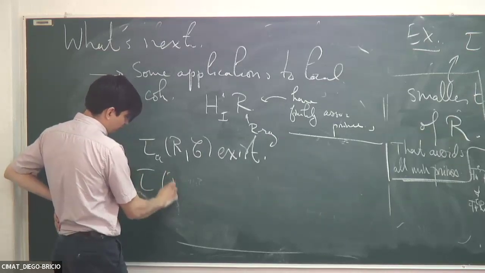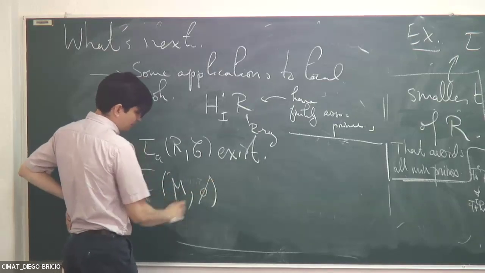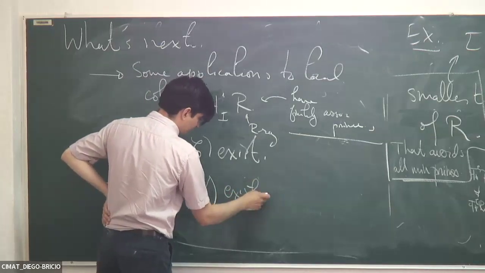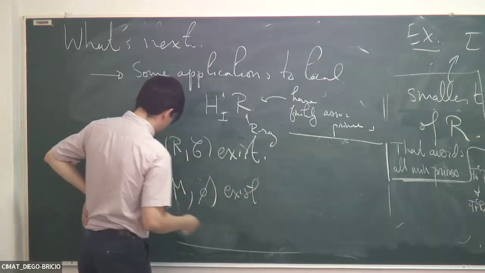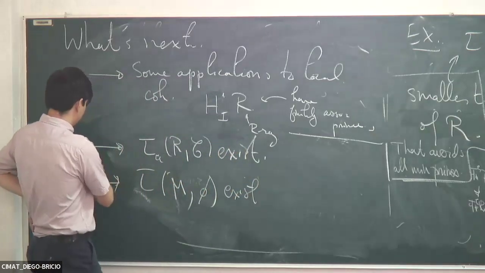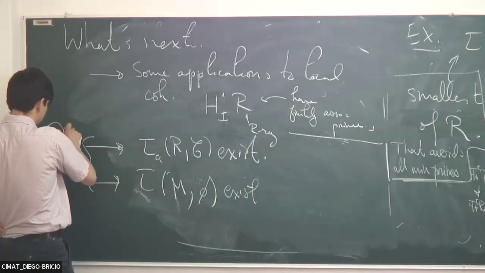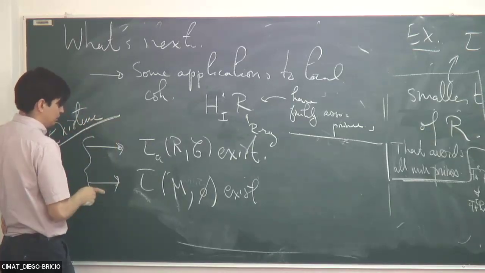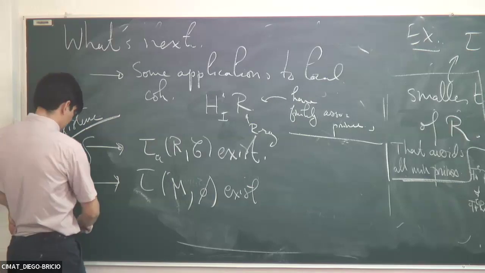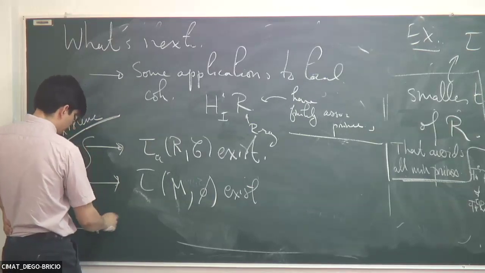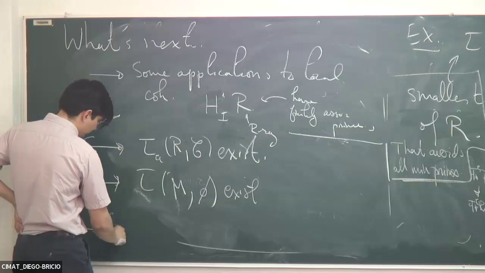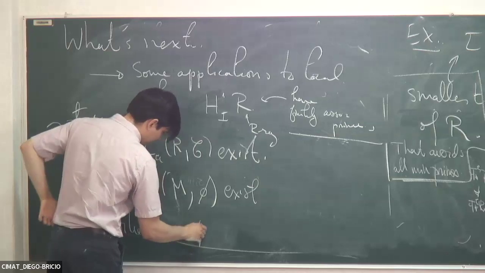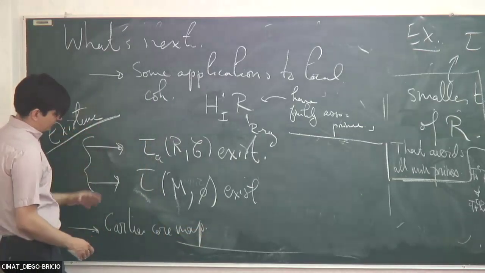Sorry, arbitrary module, but one single map exists. I'm going to put all of them, okay? So, existence. And there is one more thing. And then we're going to get back to center of purity and the so-called Cartier core map. Okay. And this is what is next.